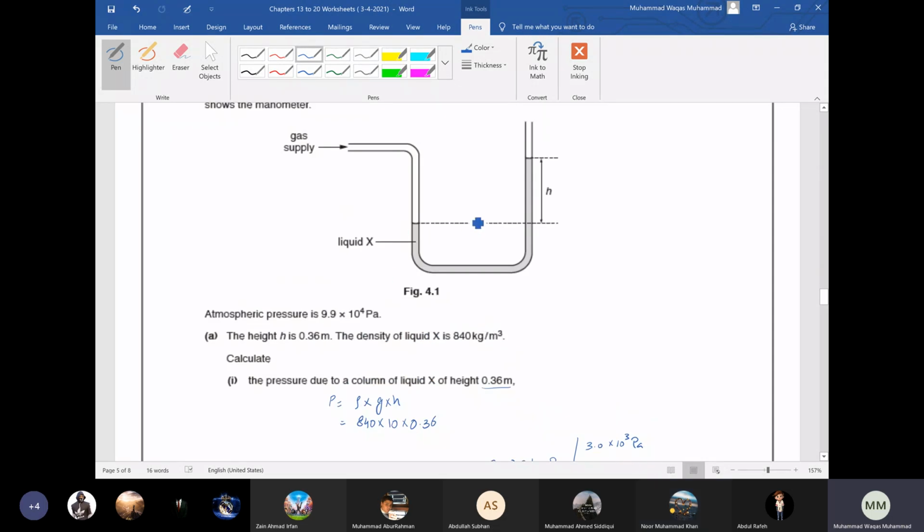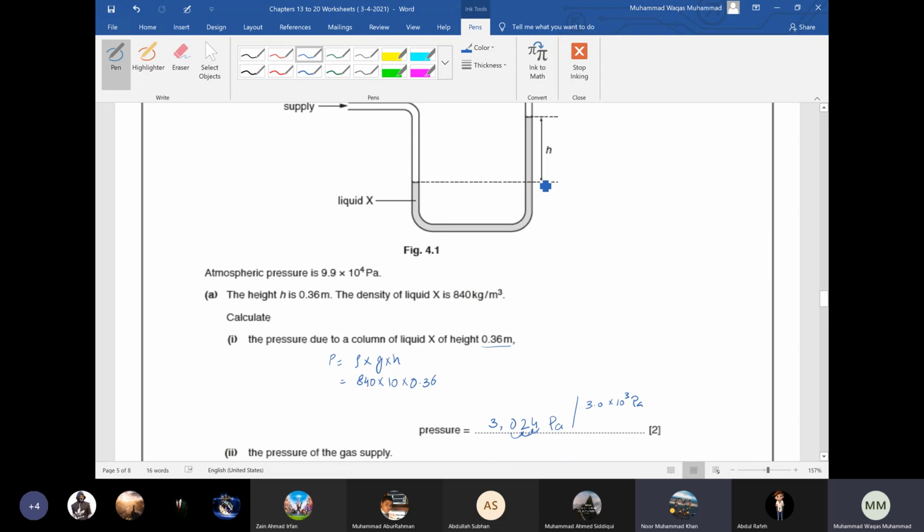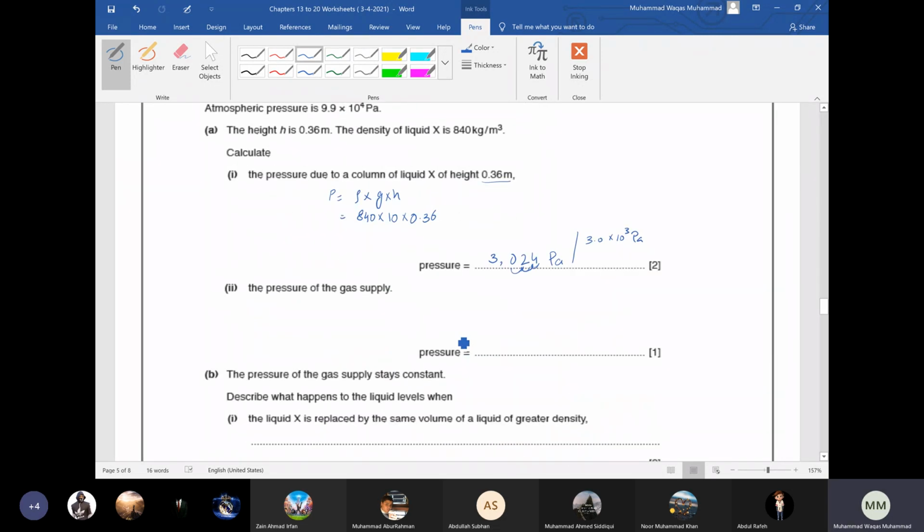See, gas pressure is equal to atmospheric pressure plus pressure due to column height, H, pressure due to liquid column of liquid X of height H, which is given, right? So then it will not be subtraction, but addition. Okay, sir. 9.9 times 10 to the power 4 plus 3024. Shabash.